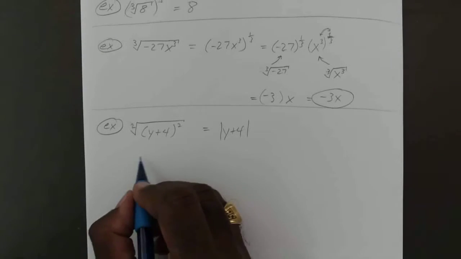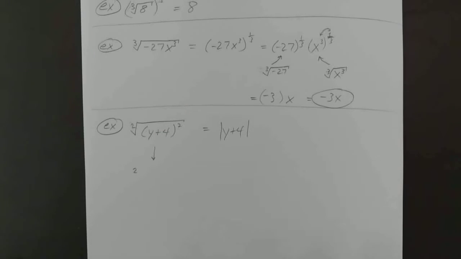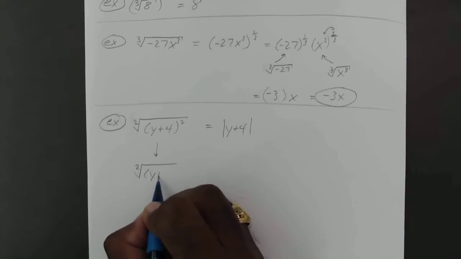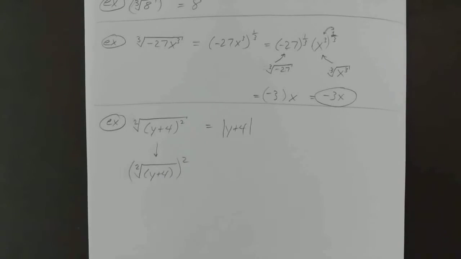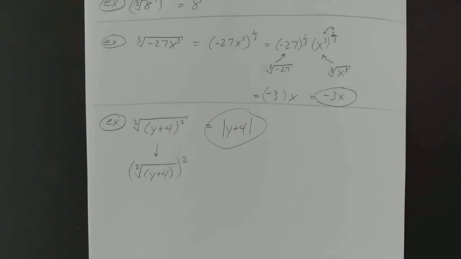Because you can rewrite this, because here if you square it, it's automatically going to be positive. But if you rewrite it like that, then that could be positive or negative, depending on what y is equal to. Okay, so that's why you need the absolute value around there.